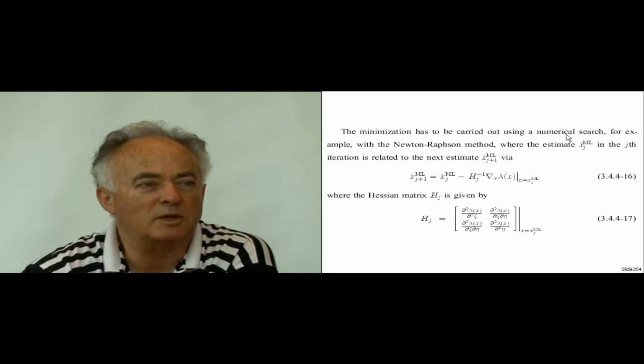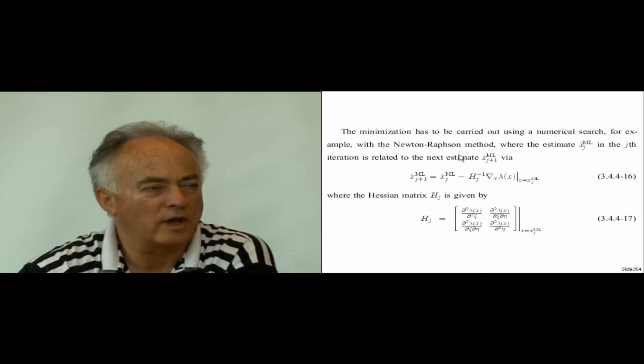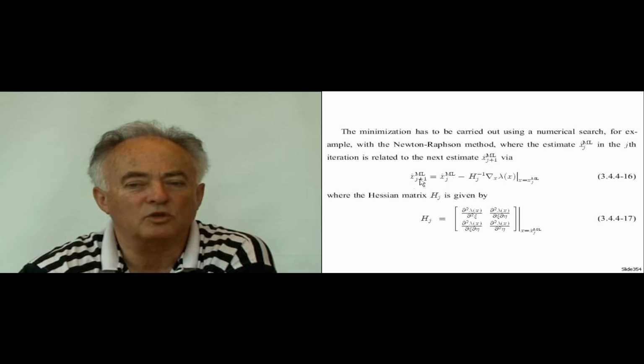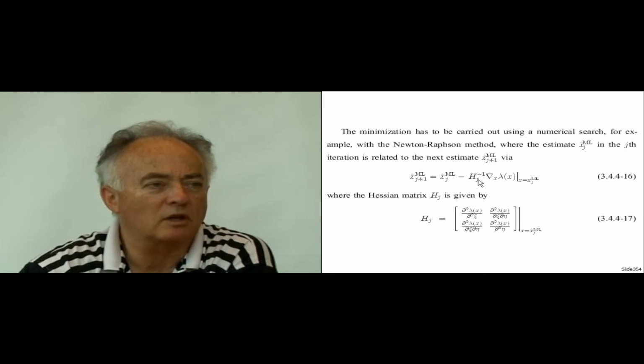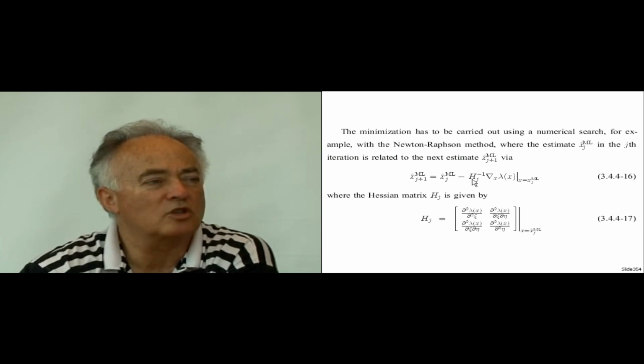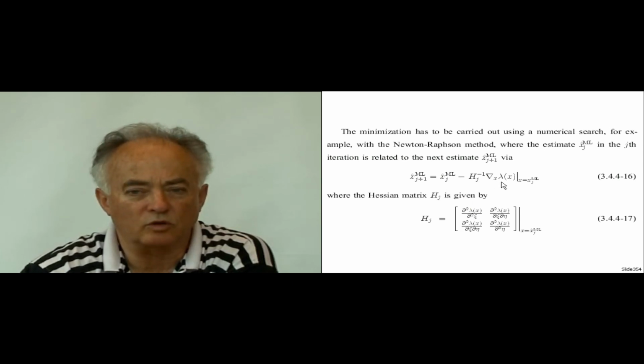So it's really the same criterion, but the minimization technique in this case will be Newton-Raphson. Namely, the new estimate in iteration j plus 1 for the maximum likelihood estimate is the one from iteration j minus, and this is the hill climbing technique, H, the Hessian, times the gradient of the likelihood function.